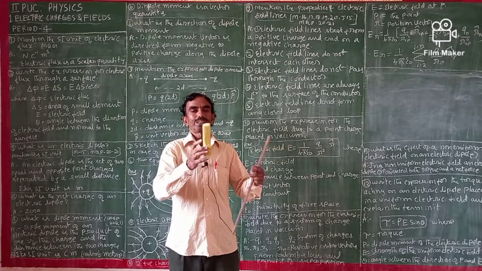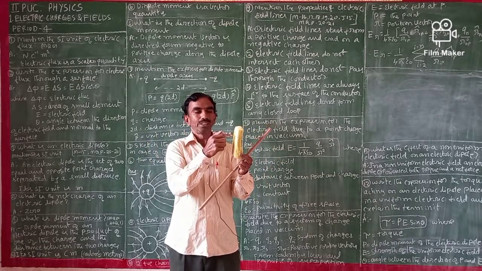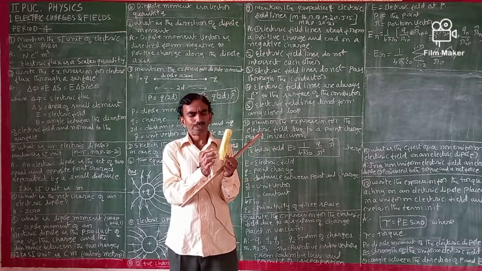Suppose this is the object, and a number of electric lines of force are passing through it. This element is delta S, which is not a big size, it is very small.